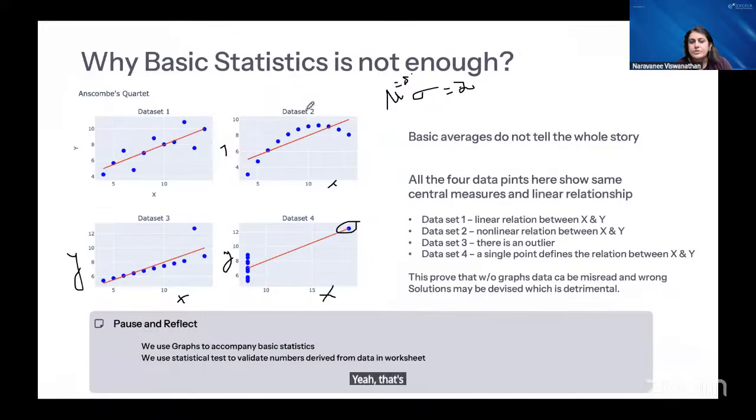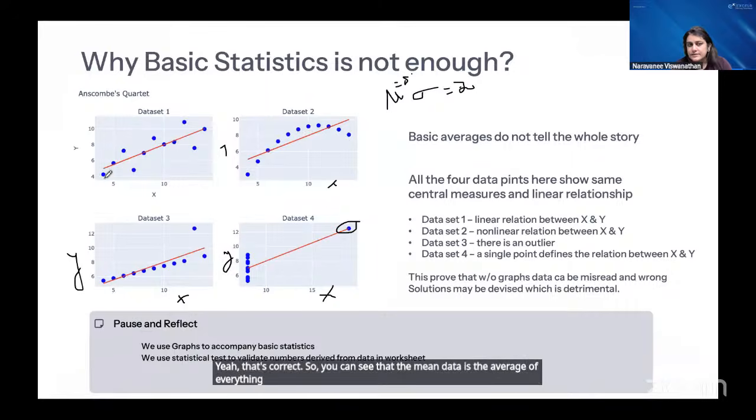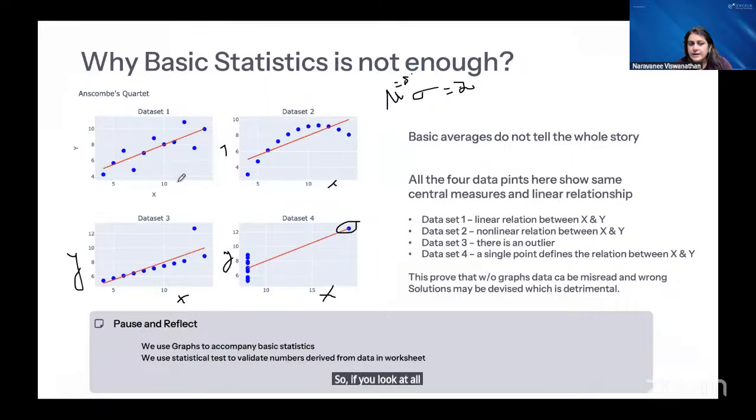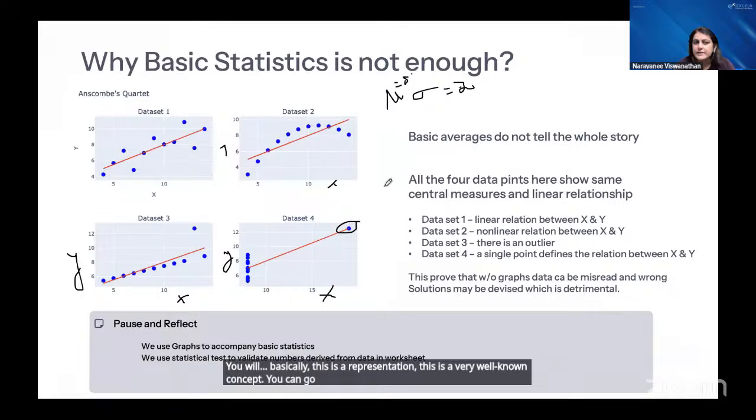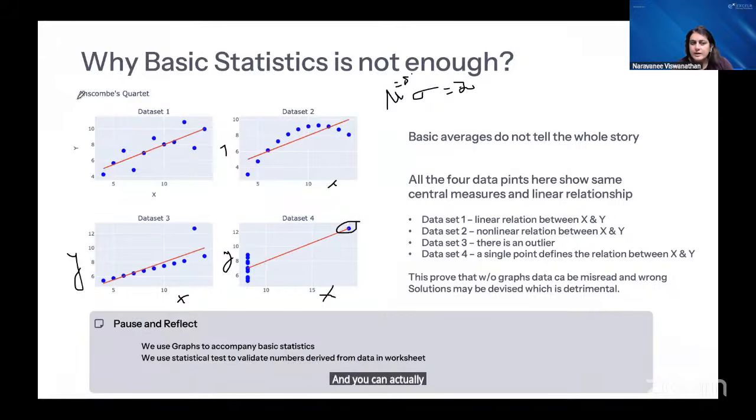Yeah, that's correct. So you can see that the mean is the average of everything, correct? This is a very well-known concept. You can go to Wikipedia and type Anscombe's quartet, and you will get the 4 data sets. This was found by a scientist called Anscombe.